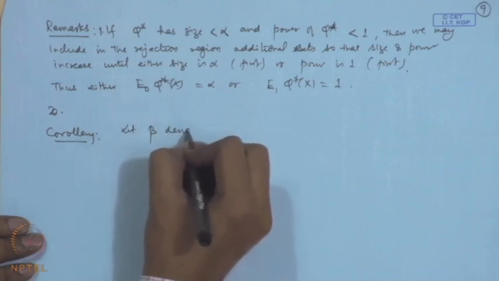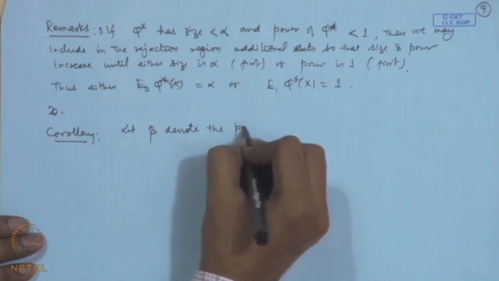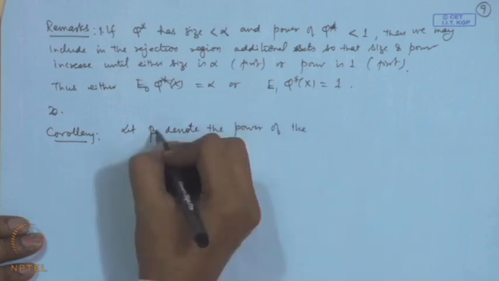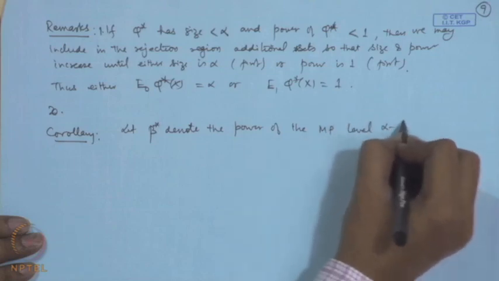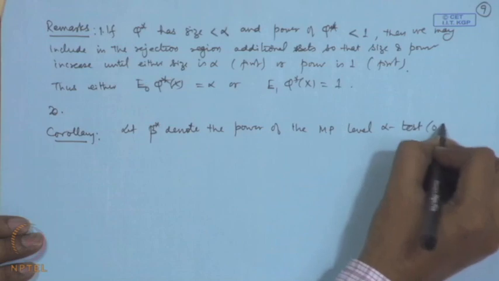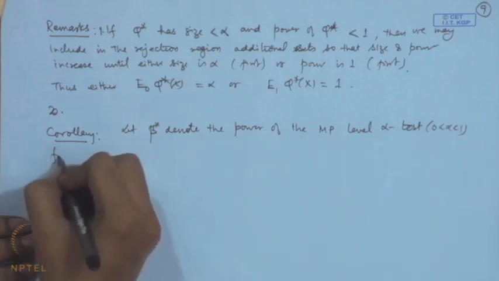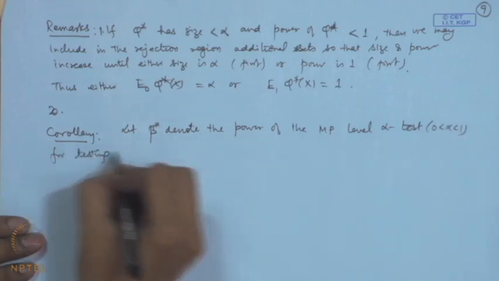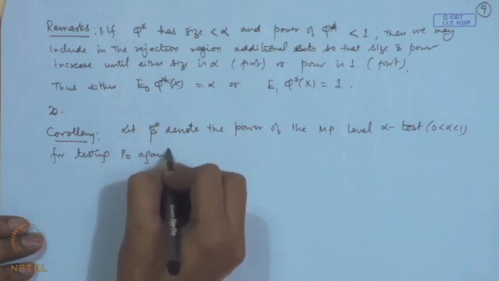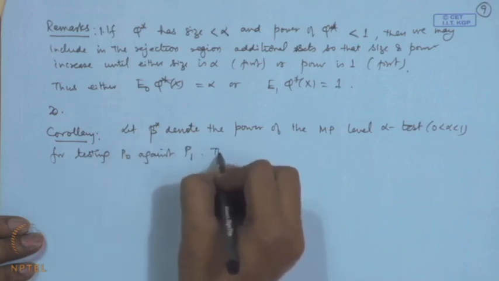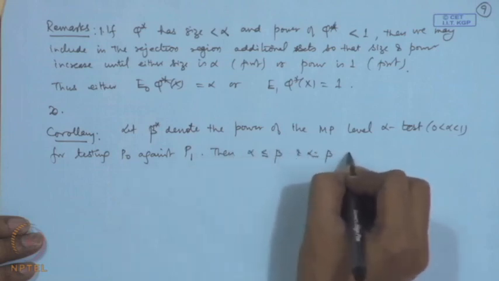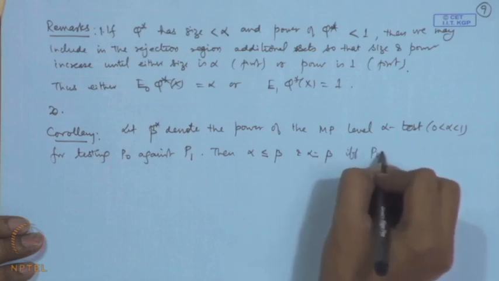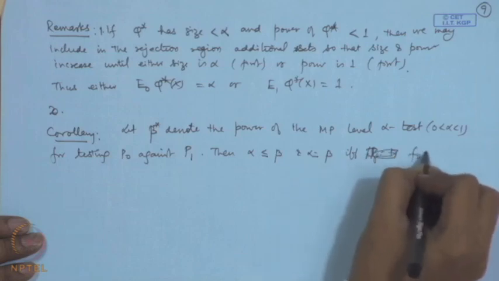Let beta star denote the power of the most powerful level alpha test for testing P naught against P 1, then alpha is less than or equal to beta and alpha is equal to beta if and only if P naught is equal to P 1, that is pi naught is equal to pi 1, or we can say f naught is equal to f 1.